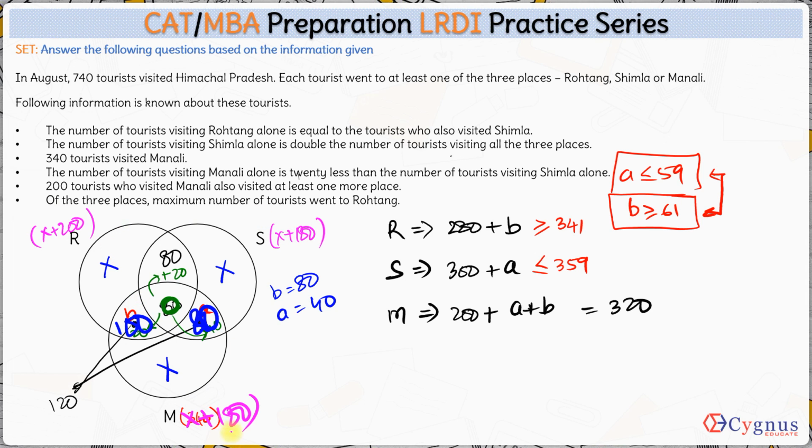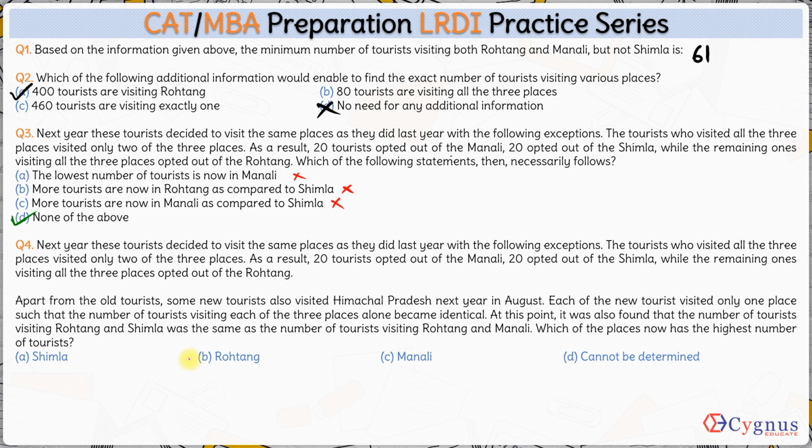So out of these three places, the maximum number of tourists would be visiting Rohtang next year. Whatever the value of X is, X will be some positive integer. So the number of tourists visiting next year would be highest again in Rohtang. Hence the answer is option B here.